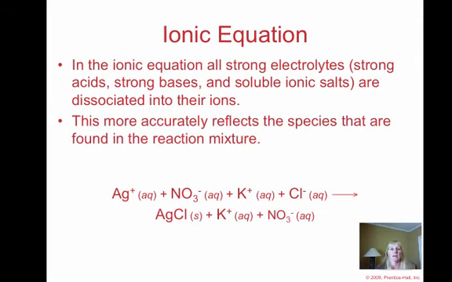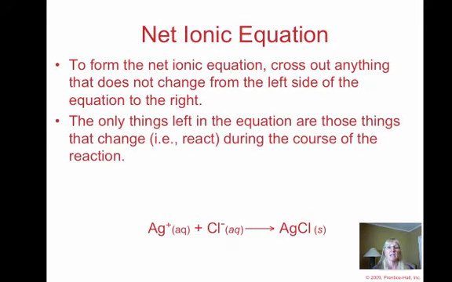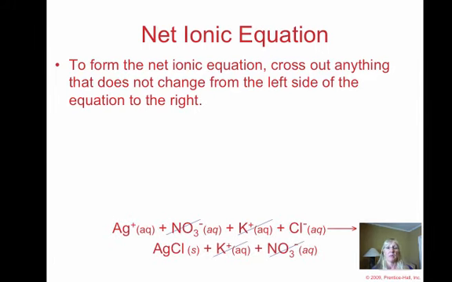Now that's an ionic equation, and I bet you can remember how we get to the next step. The net ionic equation consists of canceling out those ions, let's back up there, that are what we call spectator ions. In this particular case, I can identify a spectator ion because it's not in the precipitate's formula. So nitrates and potassiums are always going to be soluble.